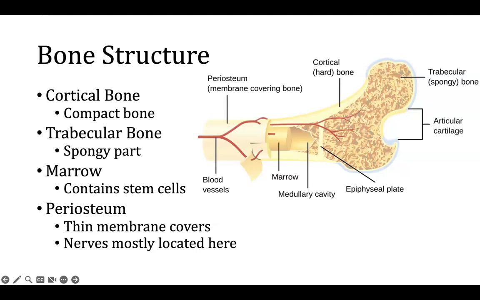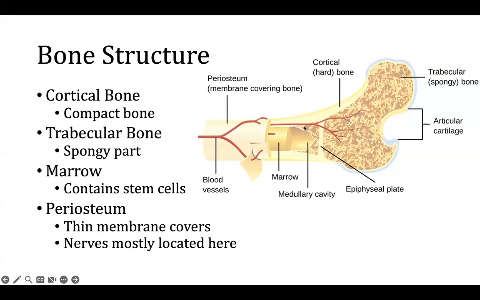Within our bones, they have a specific structure to them. So we have cortical bone, trabecular bone, marrow, and periosteum. Our cortical bone is the hard bone that you probably think of, because I imagine bones as being really hard, which is true on the outside, but on the inside, it's more of a spongy type of material, which is that trabecular bone.